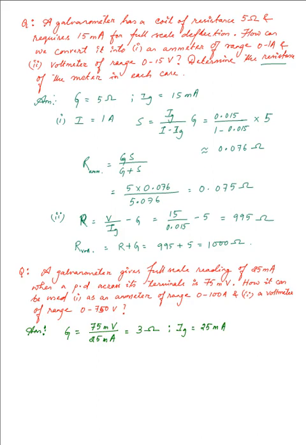Now if we wish to obtain the shunt resistance for the ammeter of the range of 100 amperes, first of all we would like to obtain S, and for that S we have Ig times G divided by I minus Ig, and that is going to be equal to 25 milli, which is 10 to the power minus 3, and that of the galvanometer is 3.